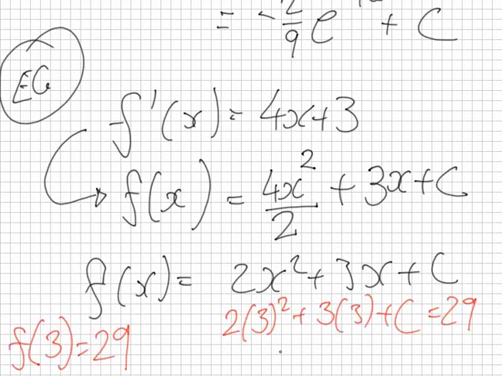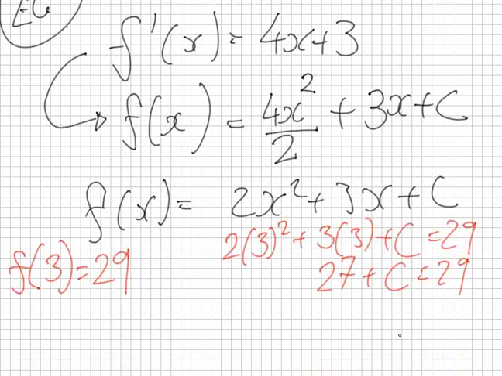So this is 18 plus 9, yeah, 27, isn't it? Plus c equals 29. Therefore, we must have c equals 2. So we can fully find the original. It's 2x squared plus 3x plus 2.